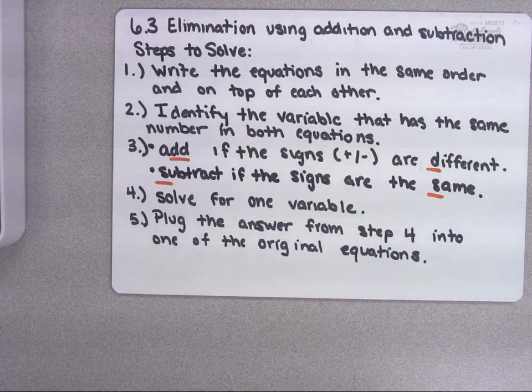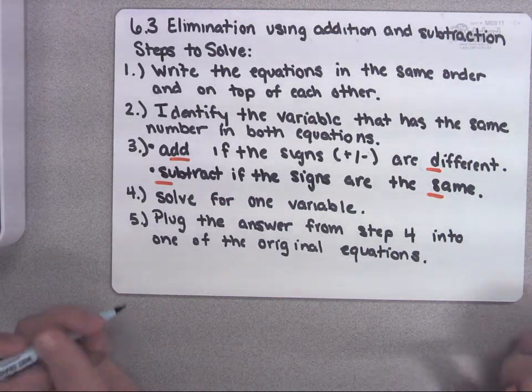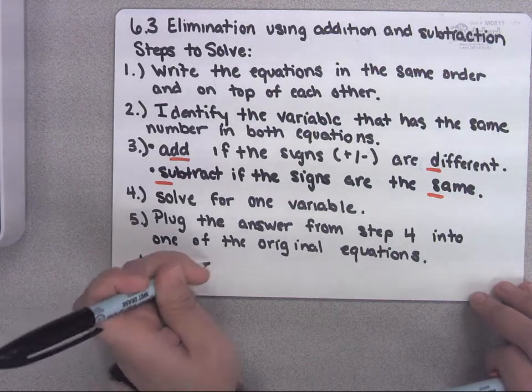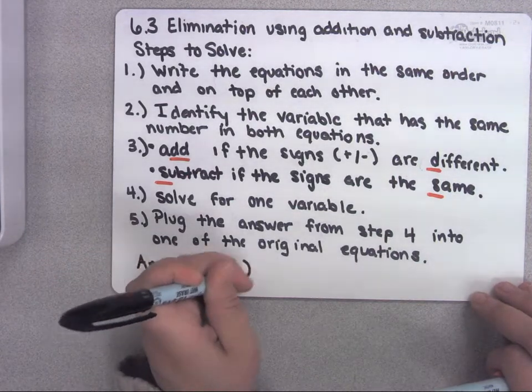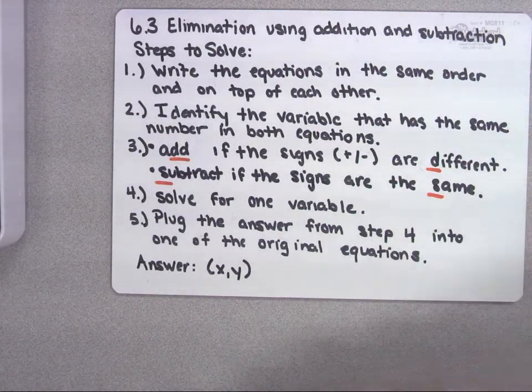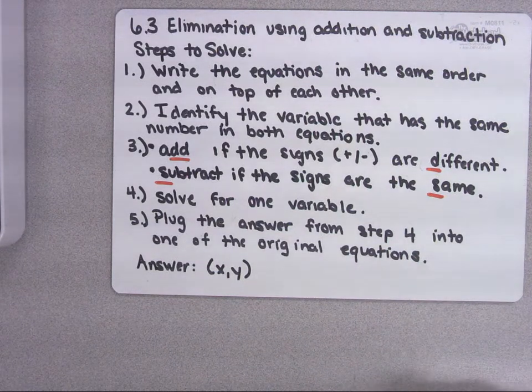Just like we did before, we plugged x equals 1 into the equation to find what y is. We're going to do the same thing here. And as before, we write our answer as x comma y. The only difference here is they change the variables so much more in these problems. So it might not be x and y, it could be a and b.